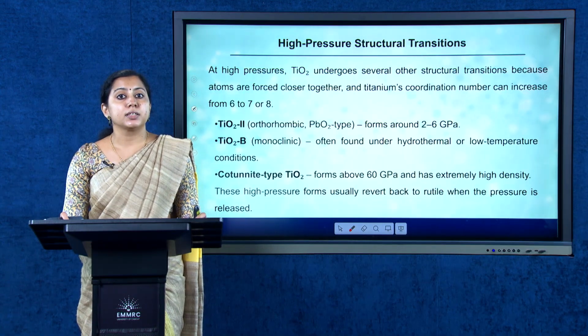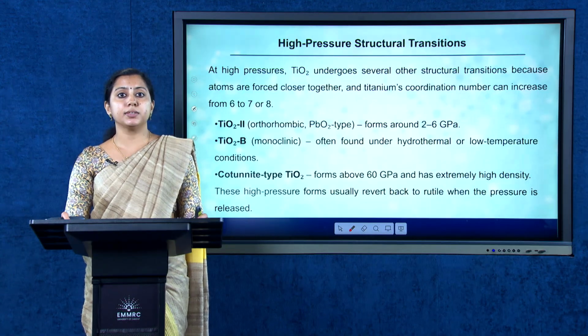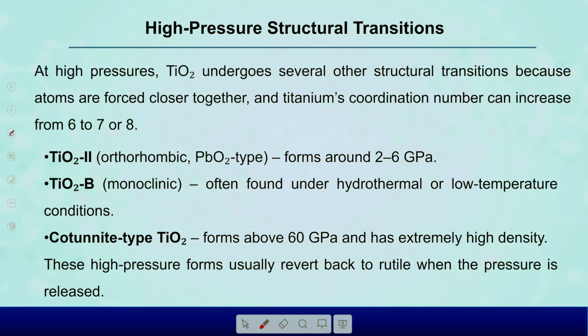Now, next is some high pressure structural transitions. At high pressures, titanium dioxide undergoes several other structural transitions because atoms are forced closer together and titanium's coordination number can increase from 6 to 7 or 8. For example, one transition is to TiO2 which is an orthorhombic type, similar to lead dioxide type, at a very high pressure of 2 to 6 gigapascals.